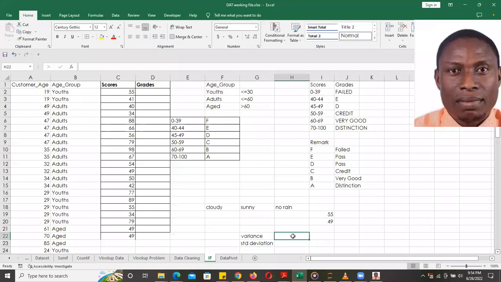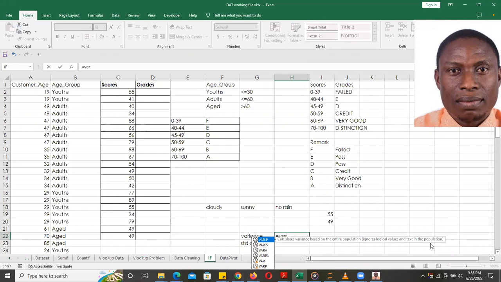The formula for finding variance is x minus mean, divided by the frequency, all squared. That's variance. Then when you want to find the standard deviation, you find the square root of variance. So without going through that rigor, you just say variance.